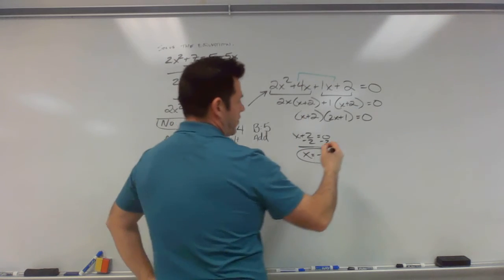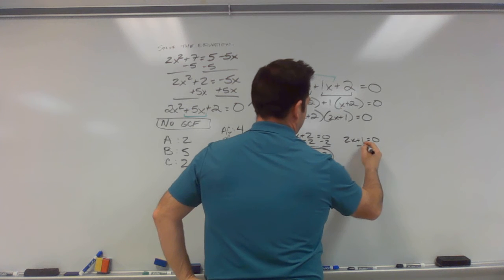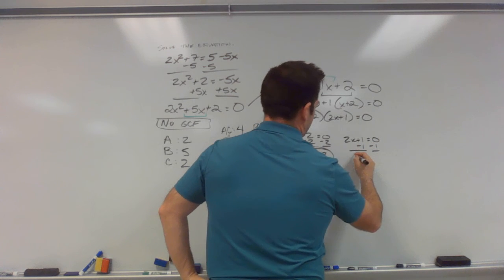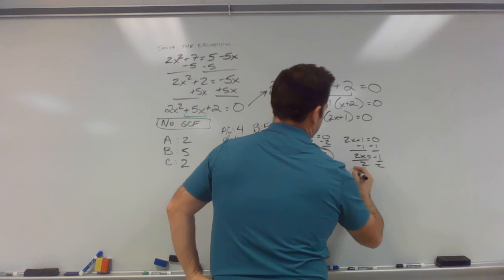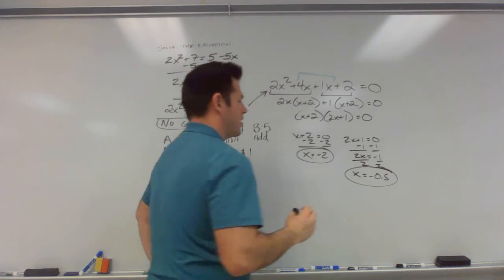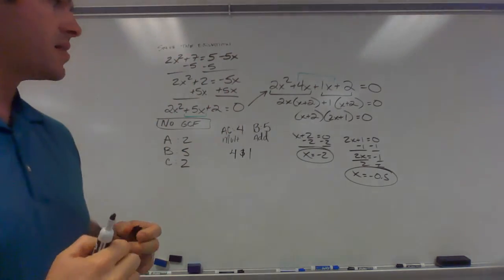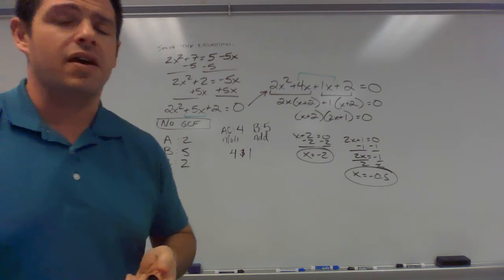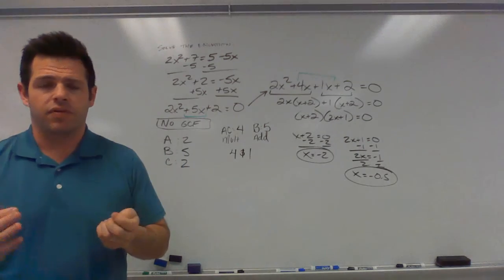Also want to do it to the other factor, 2x plus 1. We'll set that equal to 0. A little bit more work involved with this one. But regardless, we would get an x solution here. X is equal to negative 0.5. Of course, if you had left it off as x is equal to negative 1/2, that would be perfectly fine.